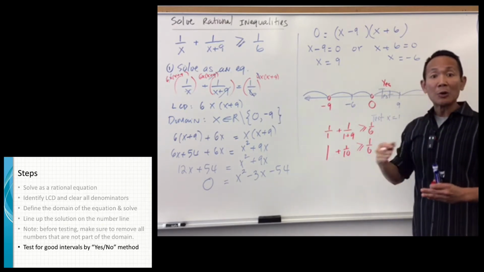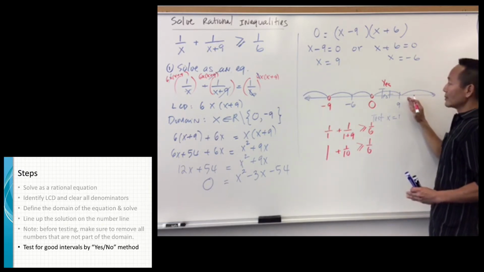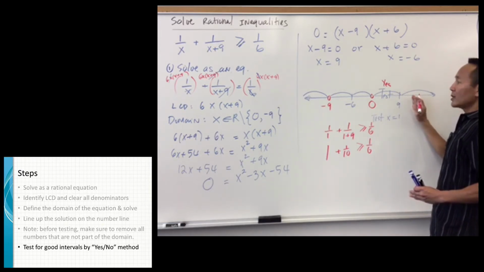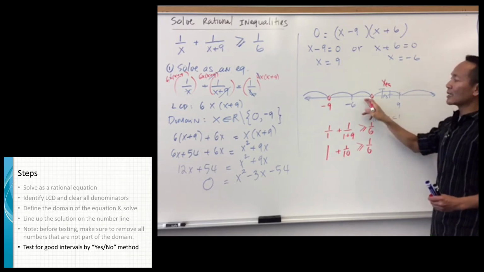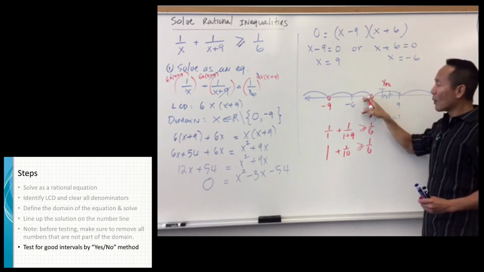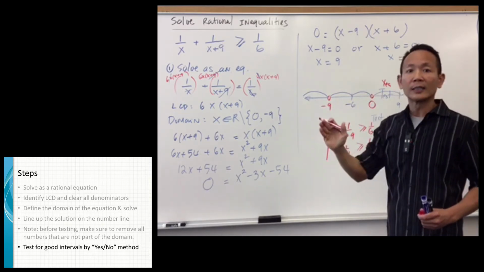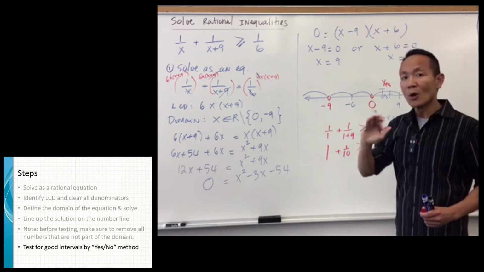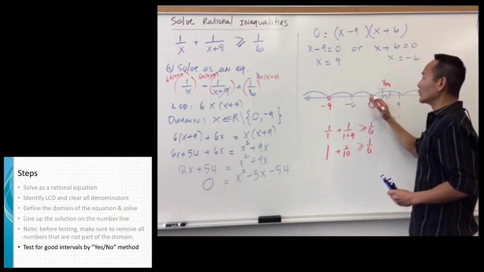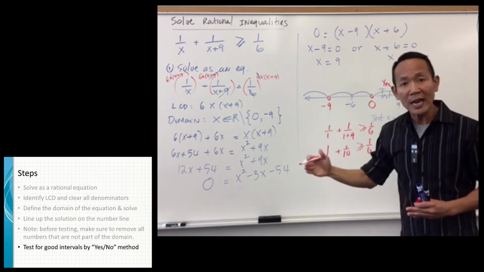And then we continue on if you want to. If you want to test this interval, you pick 10, 11, or so. If you want to test this interval, you can pick negative 1, negative 2, or so, and so on. But fortunately, you don't have to do all of these intervals because it takes on an alternating personality.